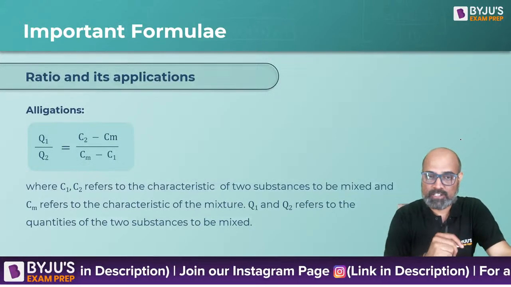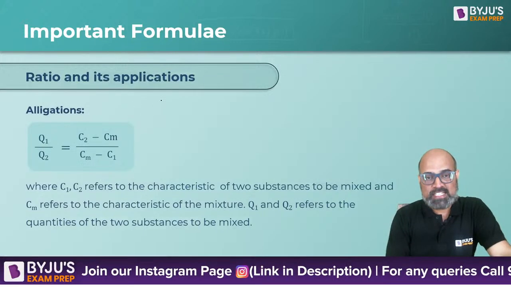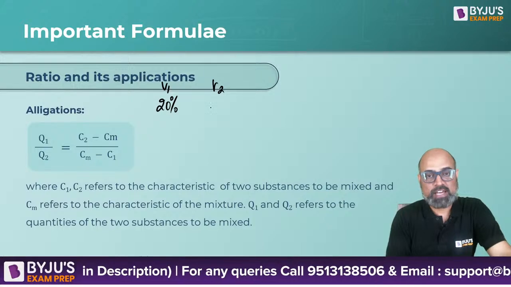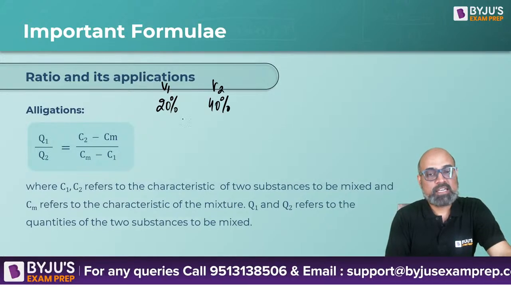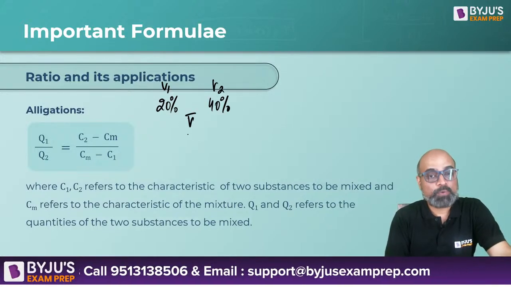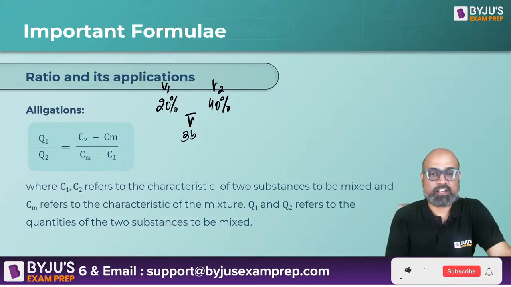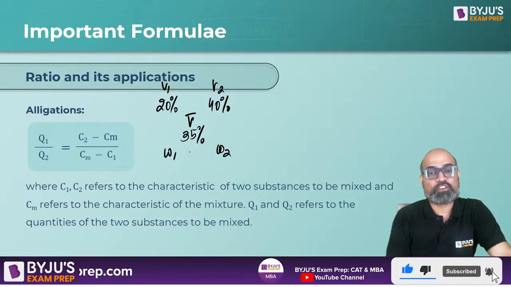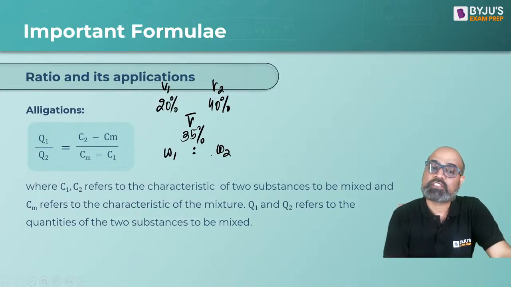Then we use alligation. So if it is given that 20% is one value, another value is let's say 40%, and the average you write in between, which is let's say 35%, then the question arises: what is the ratio of their weights, or what is the ratio of their frequencies?